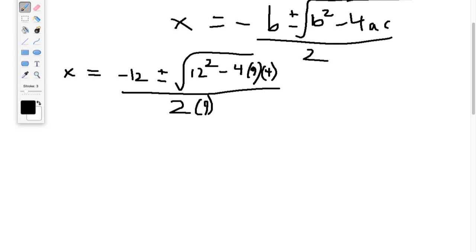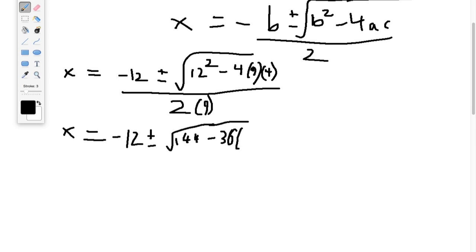And if we simplify this down, that means we get x equals negative 12 plus or minus the square root of 144 minus 36 times 4, which is actually 144, I believe.